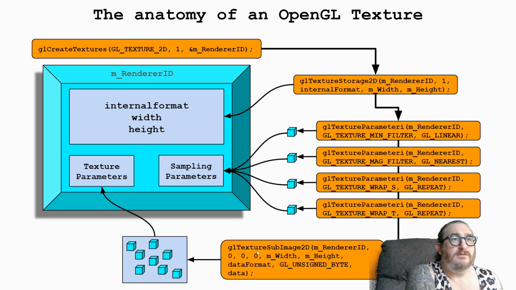And then the final thing, we're going to load our texture data along with a pointer to the data itself, and that is described as our texture parameters. And that illustrates what an OpenGL texture looks like, and how it's created, and how we load the data into that texture.